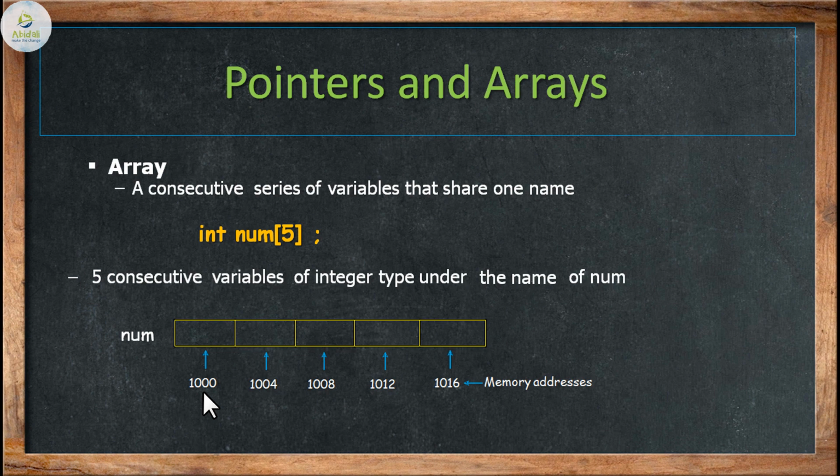We have assumed that the very first element, located at index 0, will begin at 1000, then 1004, 1008, 1012 and 1016 are the memory addresses given for the array elements. As you can see, they are all consecutive. Consecutive means one after another.